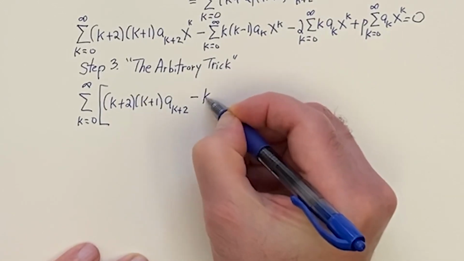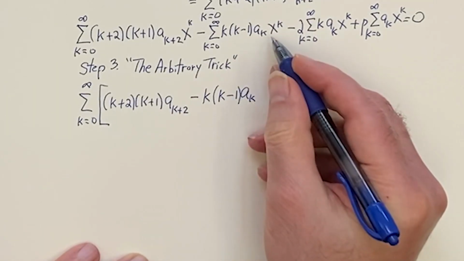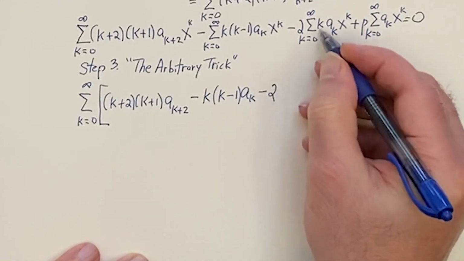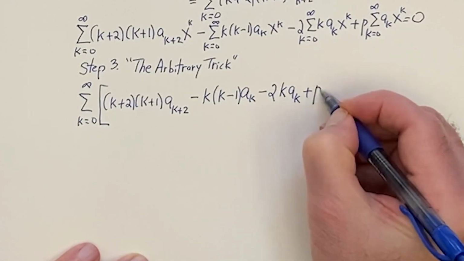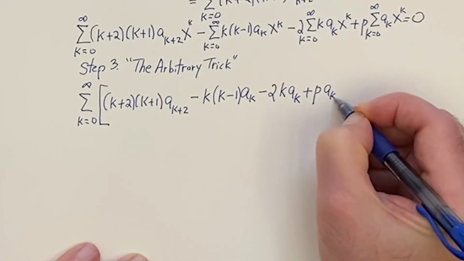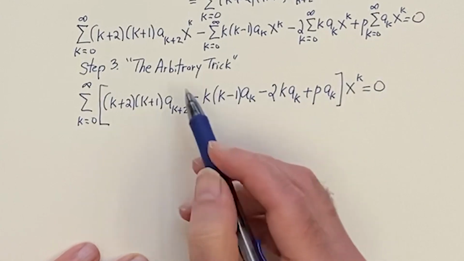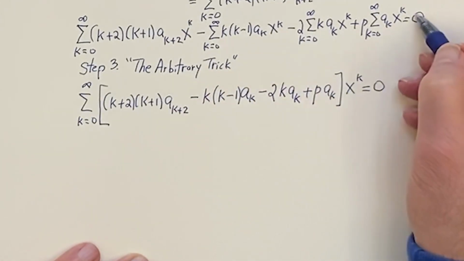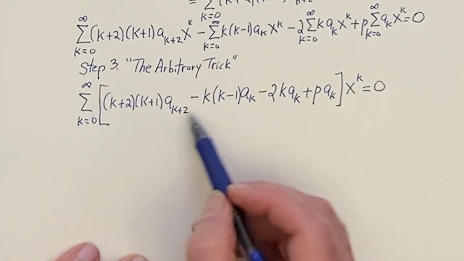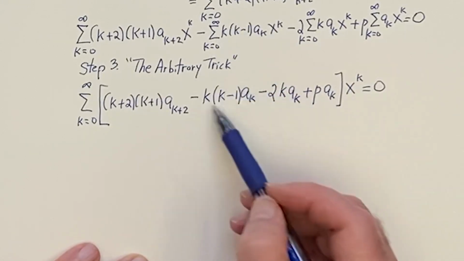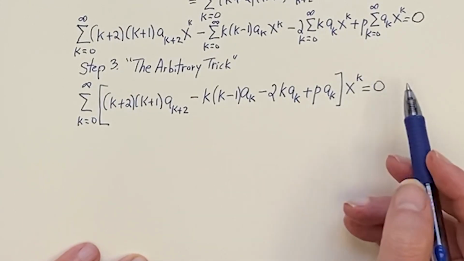Then this is minus k minus 1, a sub k, then minus 2, k, a sub k, then plus p, a sub k, and the x to the k, which is common to each of the 4 terms, gets pulled out. So here you have, this is copied here. This minus sign here, this is copied there. Minus 2, this is copied here. And p, a sub k copied there.